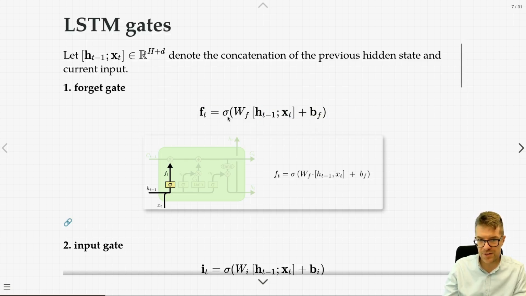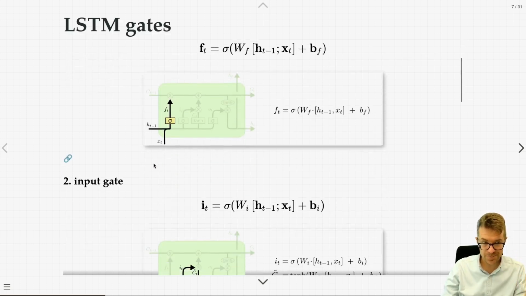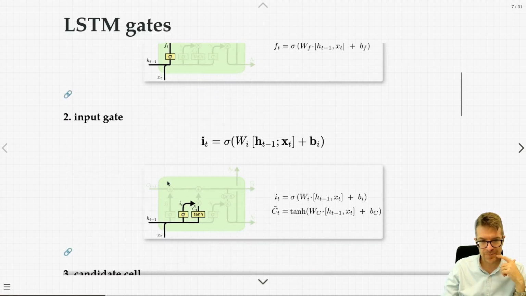It produces this sigmoid function, which over the size of C sub t, the cell state, decides to accentuate or at least pass through information at certain elements of that cell state and de-emphasize, or bring towards 0, other information. So this is called the forget gate because it decides what in the cell state I want to forget. All these images come from this link that I'm linking consistently down here.